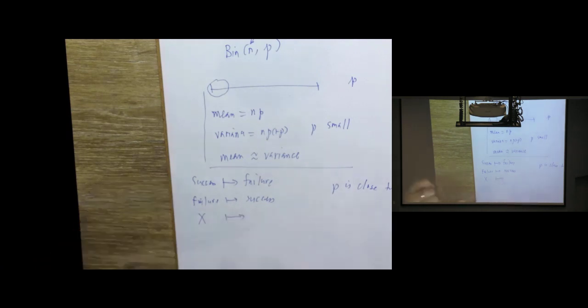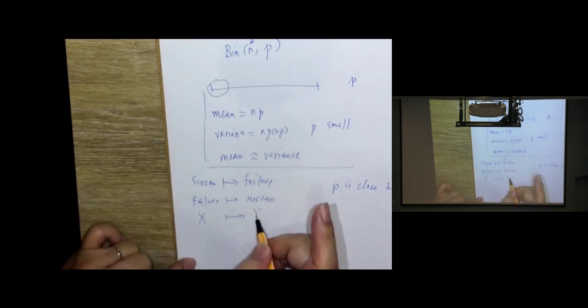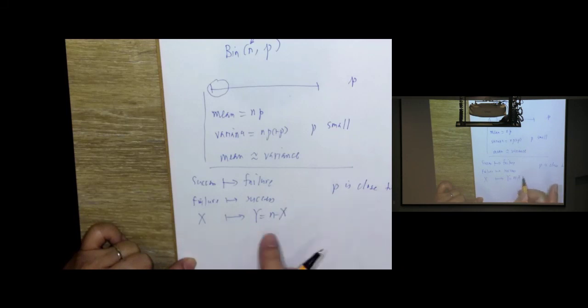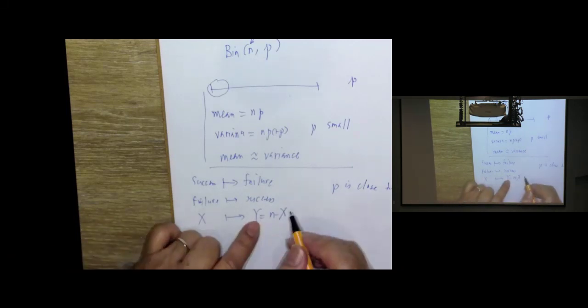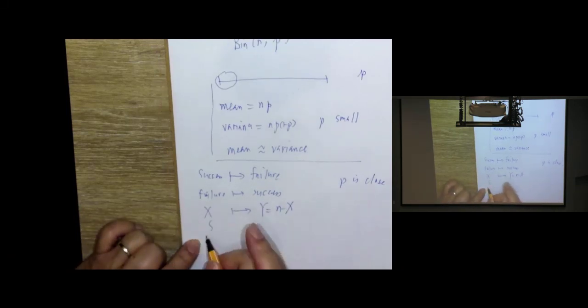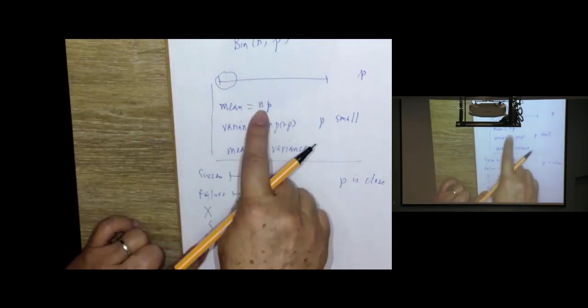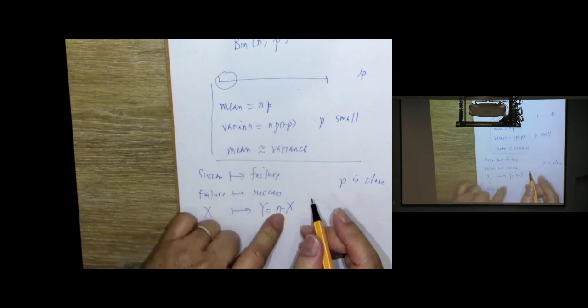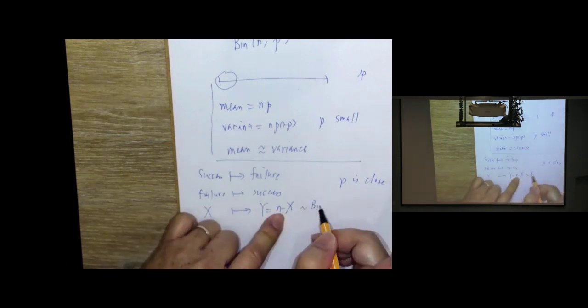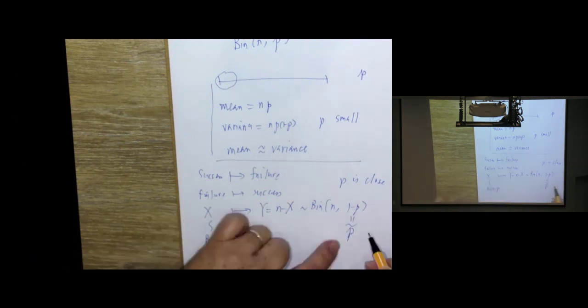And if you change the label, you will be looking at n minus x, and we call it y. So over here, it is binomial(n, p). And now, of course, p is no longer small, but we have this binomial(n, 1 minus p). If you think of this as your new p tilde, then this p tilde is small.